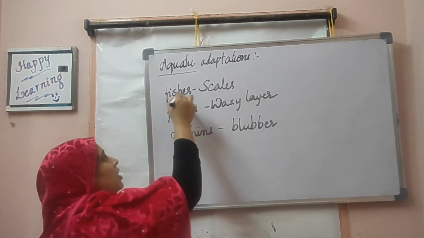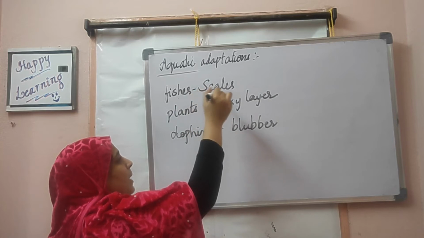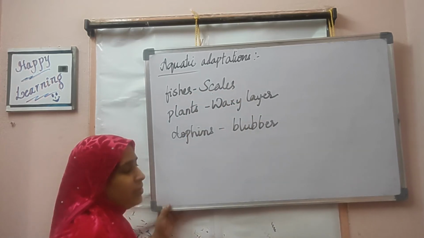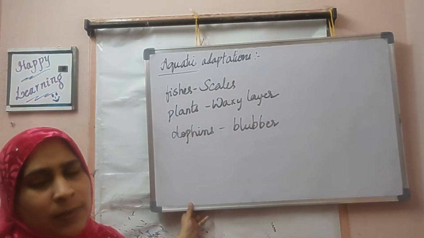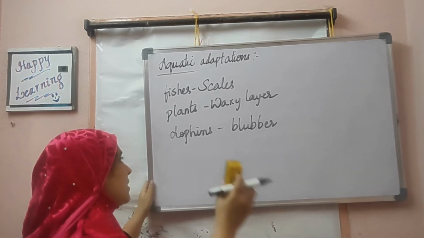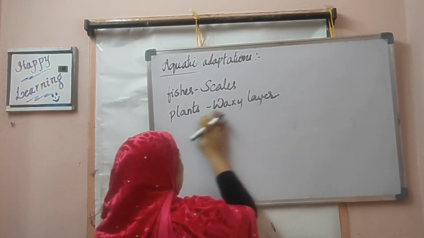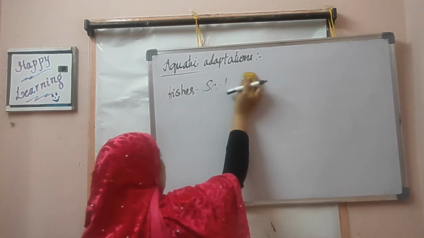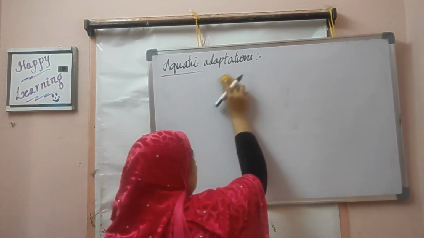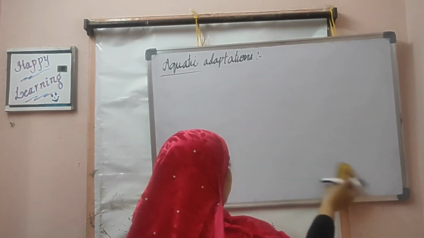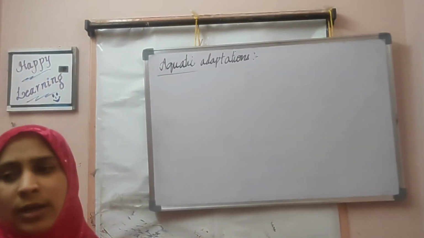Some examples are: fishes have scales, plants have a waxy layer, dolphins have blubber. Okay. So first we'll discuss freshwater adaptations, then we'll go into marine water adaptations.